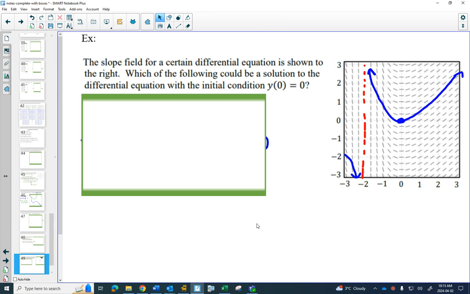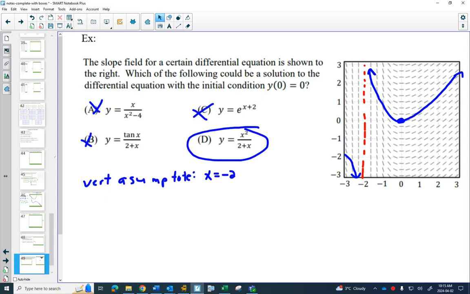Having that point gives us that part of the graph, but it really didn't give us anything on this part of the graph. But those straight vertical lines, those slopes that are undefined, form an asymptote at x equals -2. So we have some possibilities here, actually.